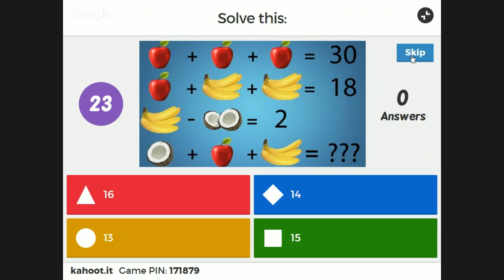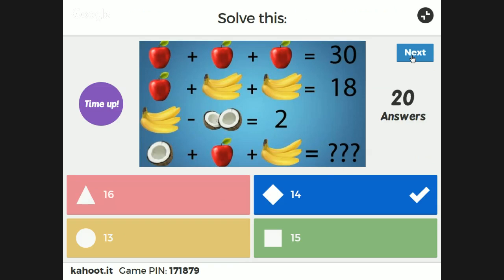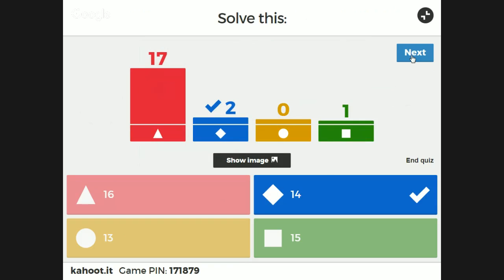Yeah, no, this is why I corrected it. Only 2 got it right.